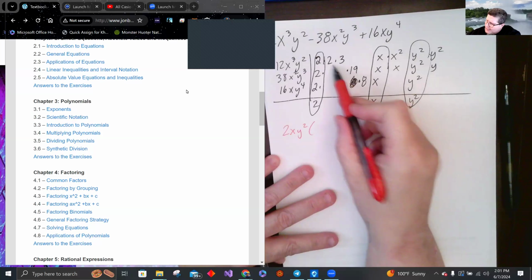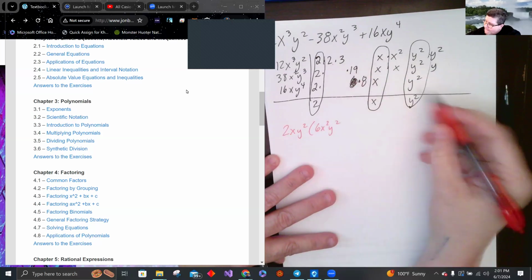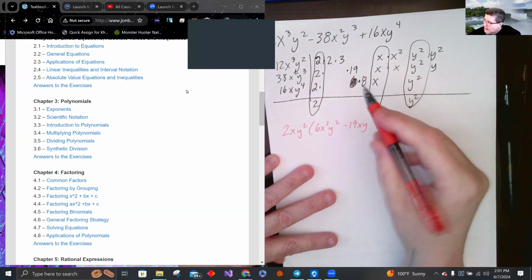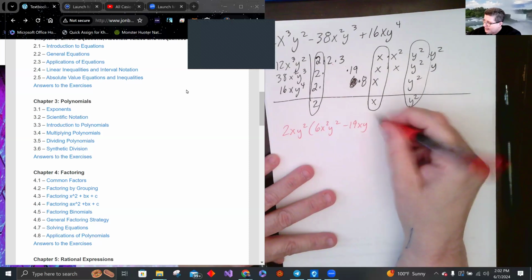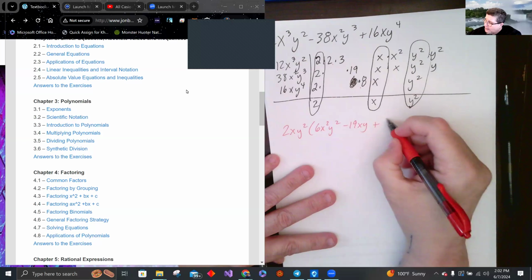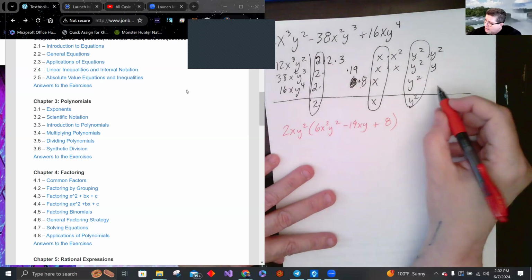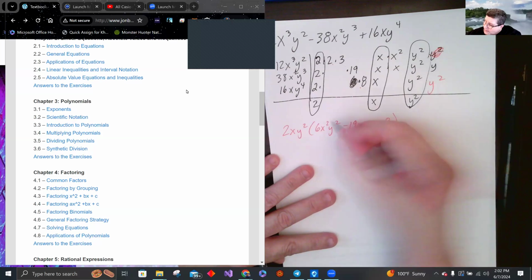And my table says I've got 6x squared y squared minus 19xy plus 8. Oh, wait. That didn't have the y squared. This had the y squared.